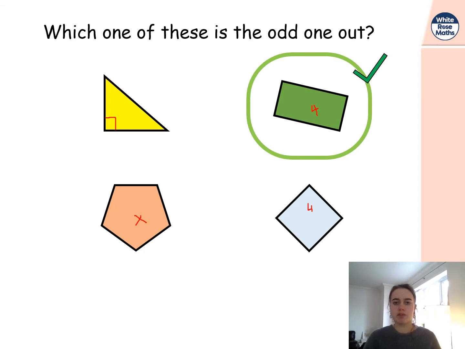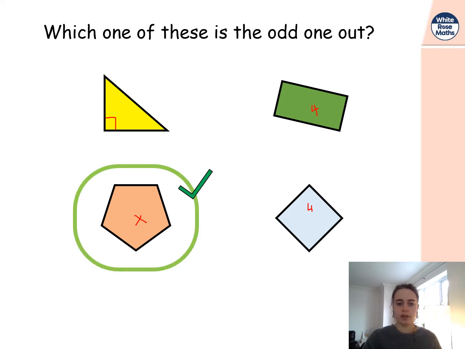Why is this green rectangle the odd one out? This one's the odd one out because it's got two sides the same length and two sides the same length. All the other ones, the sides are either all the same length or all different lengths. Why is the pentagon the odd one out? The key thing, pentagon, 5 sides. None of the other shapes have 5 sides.